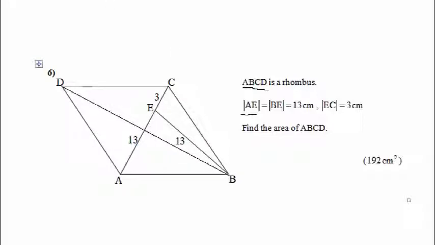As you all know, diagonals divide the other diagonal into two equal parts. So we know that this diagonal is 16, sorry. So this side becomes 8, and this becomes 5, because 5 plus 3 is 8. So from the Pythagoras theorem, this side turns out to be 12.